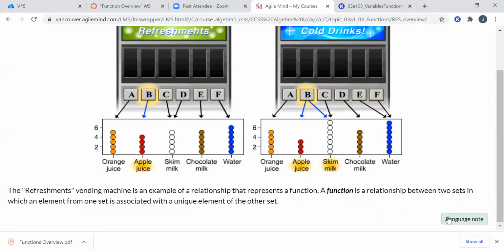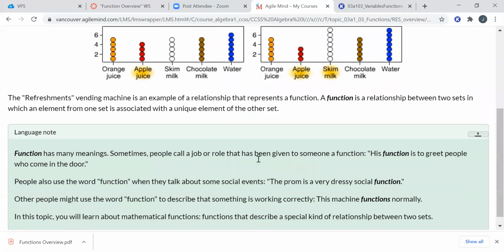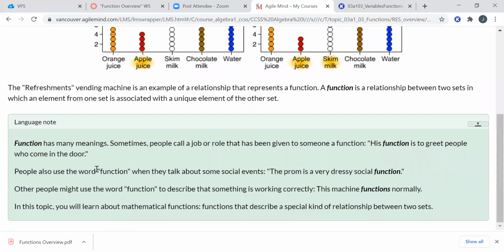All right, language note. Sometimes people go, oh yes, function is a weird word, so we might as well talk about this because it's used a lot of ways. When we say function, sometimes we are talking about what people do. Like sometimes people call a job or a role they have their function. His function is to greet people at the door. That's what they do.